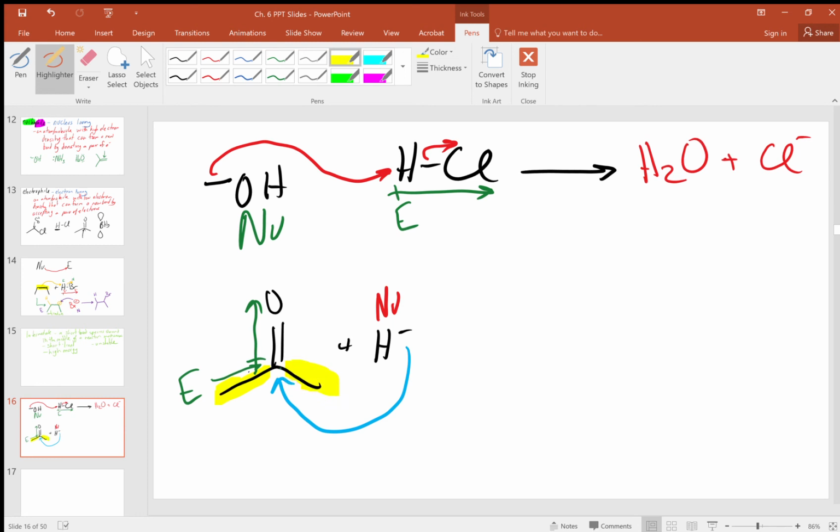And so if one of those bonds breaks, it's going to take the electrons with it, and we're left with a methyl anion, which probably doesn't sound very stable, and isn't. But the other bond is a bond to a highly electronegative oxygen atom. And so we can take some of these pi electrons and push them up onto oxygen. And so this would form this intermediate, which could then go on to react further.